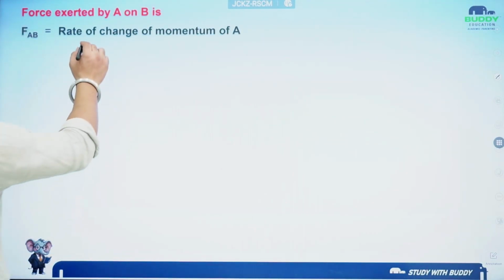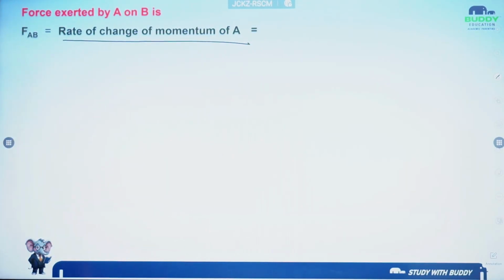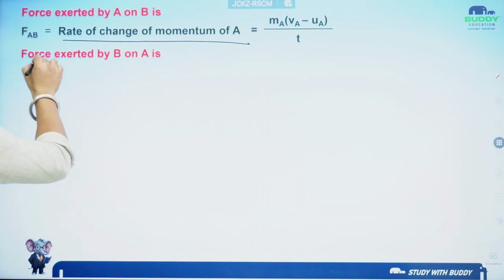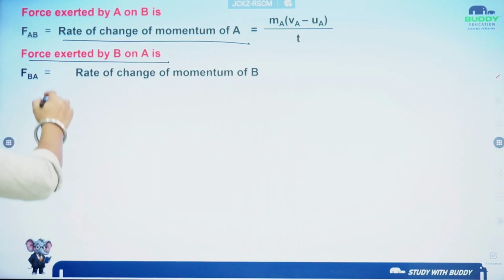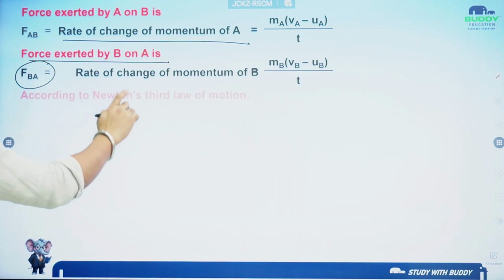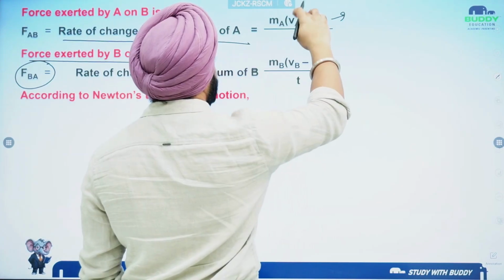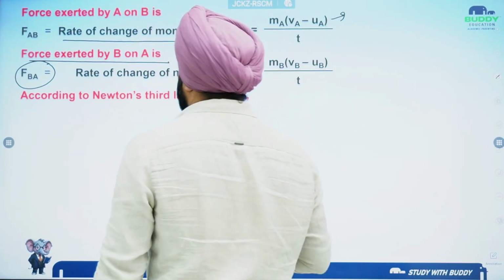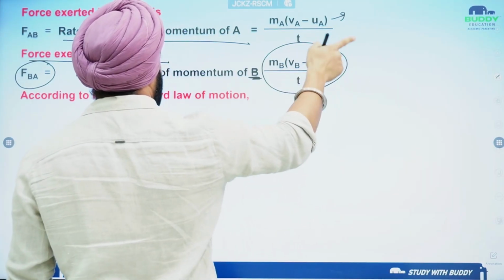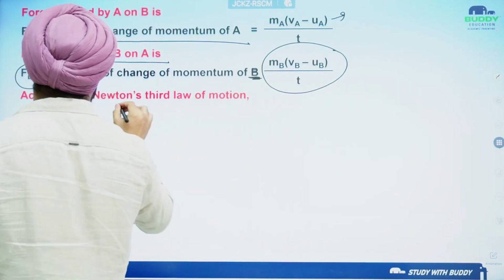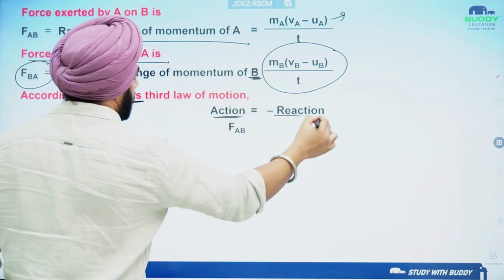So force AB is the rate of change of momentum of A. The force exerted by B on A is the rate of change of momentum of B. So for FAB, the rate of change of momentum is MA times (VA minus UA) by T, and for FBA it is MB times (VB minus UB) by T. If we apply Newton's third law of motion, for an action there is an equal and opposite reaction.